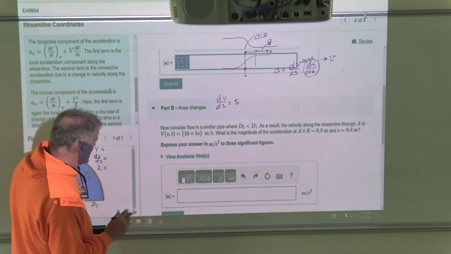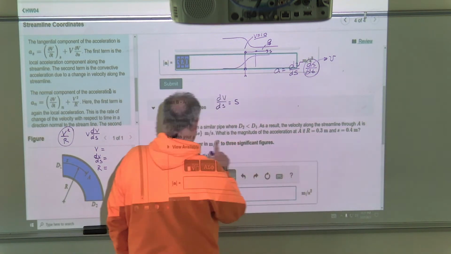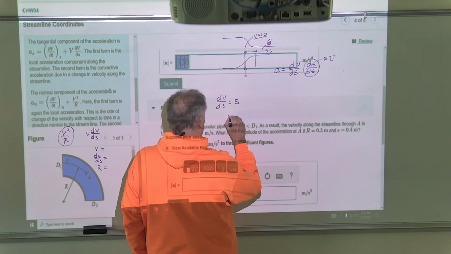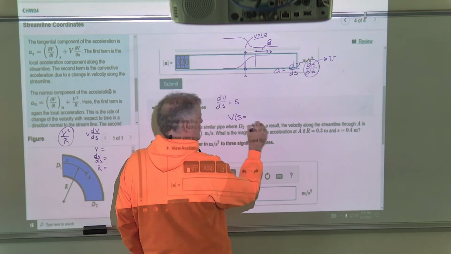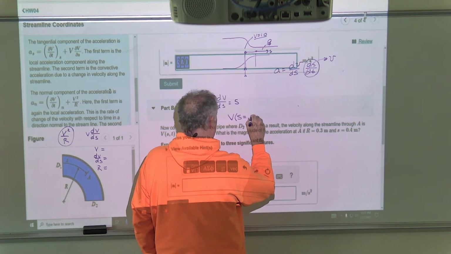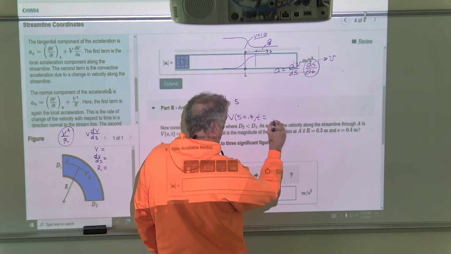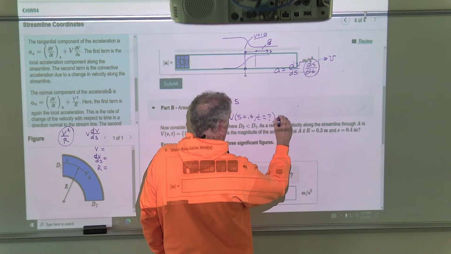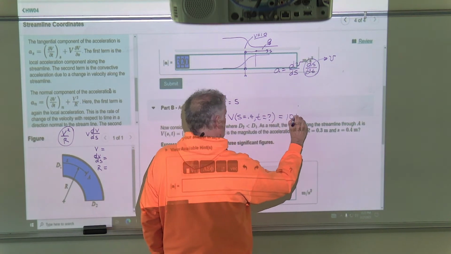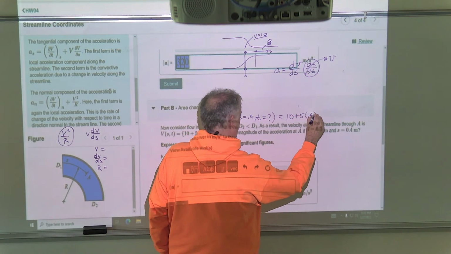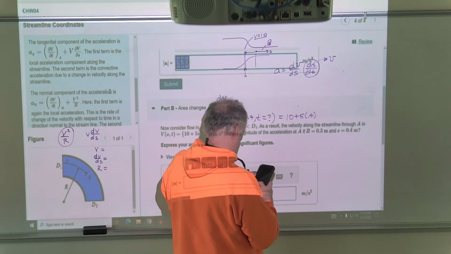My velocity at the point I'm interested in, s equal to 0.4, and t equal to whatever, doesn't matter, is 10 plus 5 times 0.4. That's 10.9?